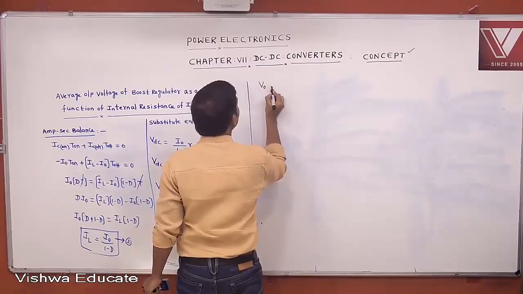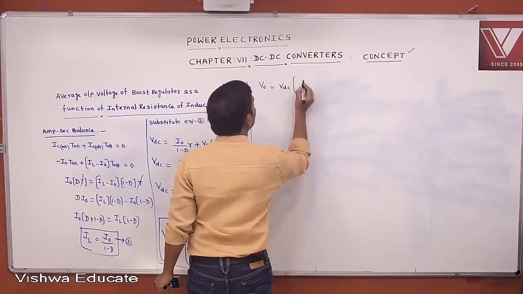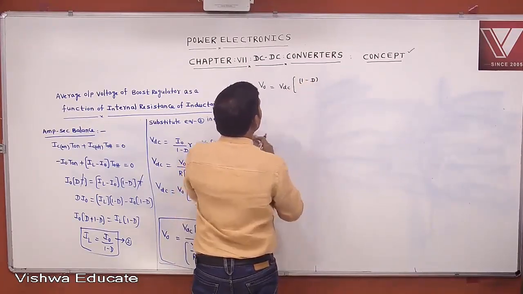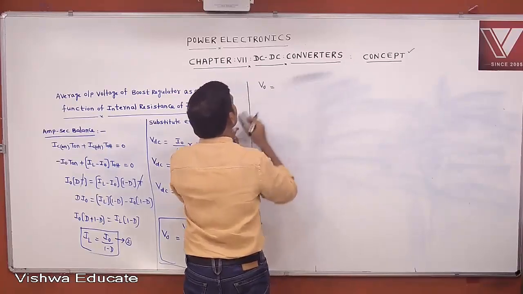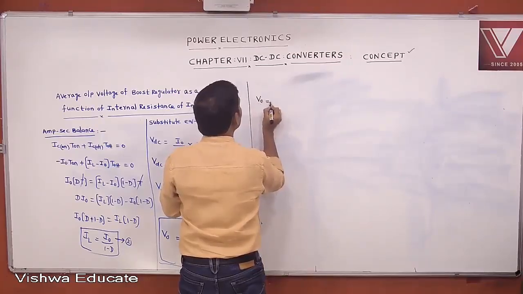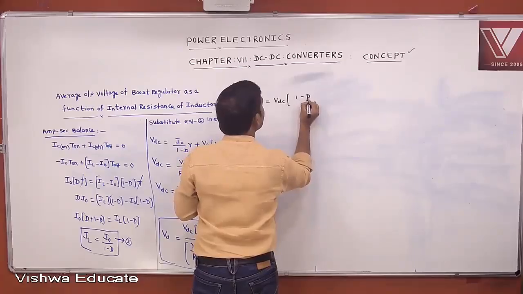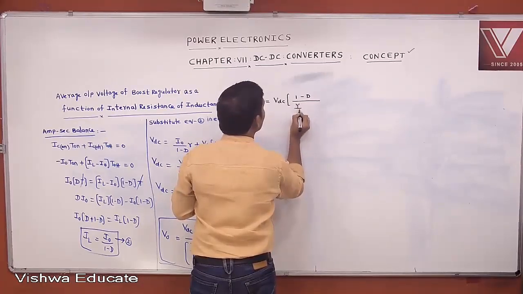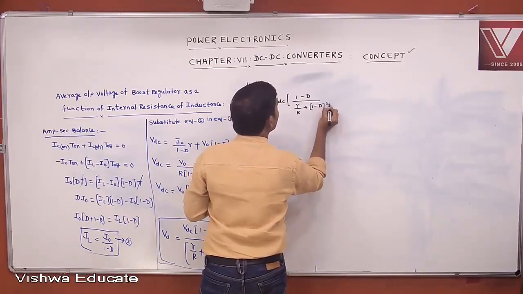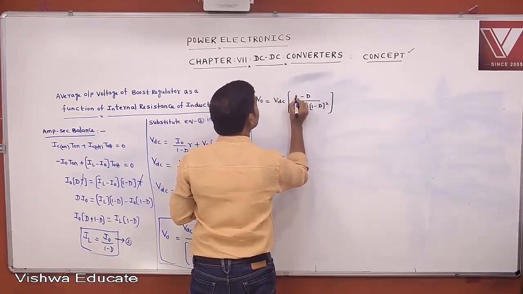V naught equal to VDC into (1 minus D) by (small r by capital R plus 1 minus D) whole square. This is the expression for average output voltage we are getting.